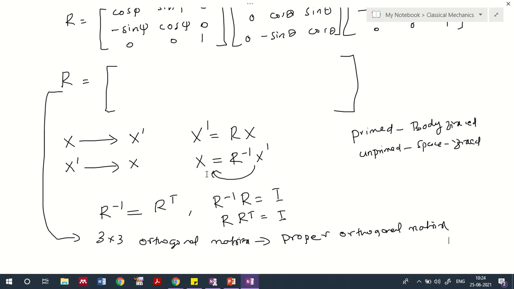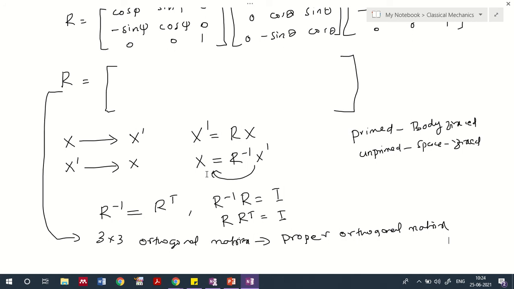You can transform from one coordinate system to another by utilizing these matrices and the three angles: the precession angle, the nutation angle, and the body angle. These three angles we call Euler's angles.